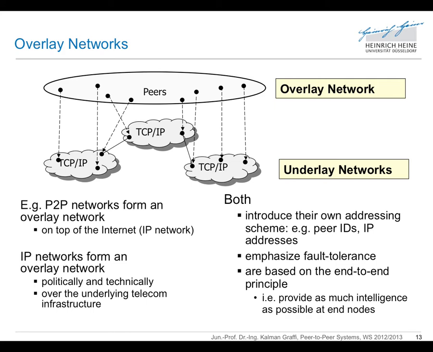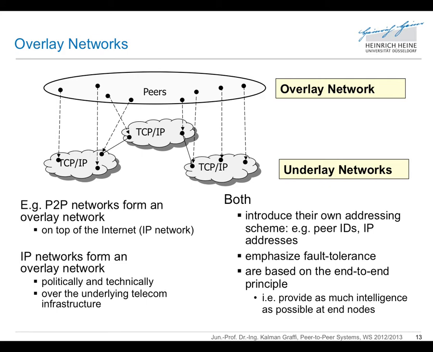Okay, and what the peer-to-peer overlay and also the IP overlay and other overlays typically bring with them is their own addressing scheme. So if you have your IP address and port and you join a peer-to-peer network, then you get a peer ID, for example.